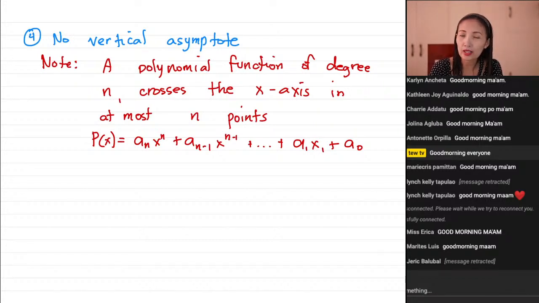So, if the degree is 1, linear. Degree 2, quadratic. Degree 3 is cubic. Degree 4, quartic. And degree 5, quintic, and so on and so forth.